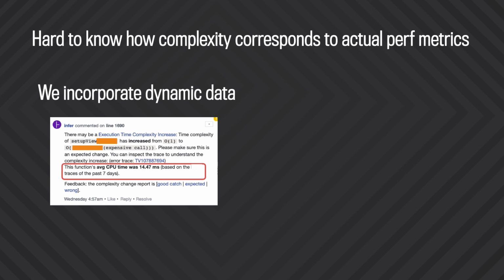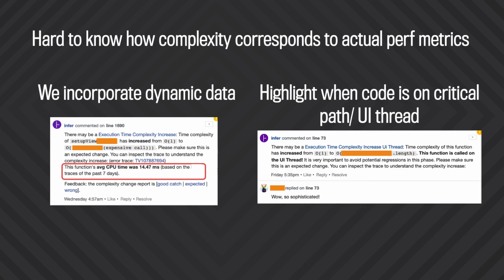Another point is to highlight and provide contextual information. For instance, we highlight and provide additional information when code is on a critical path or on UI threads or main thread. We do this in two ways. If available, we rely on dynamic data to tell us if a function is on a critical path, such as an application's cold start path, by relying on profiling information.